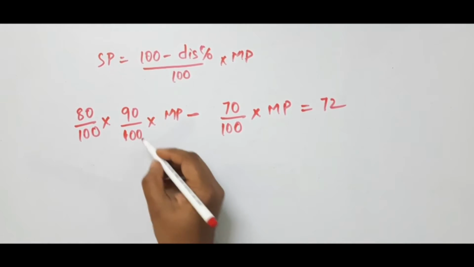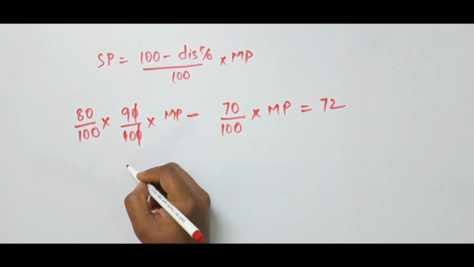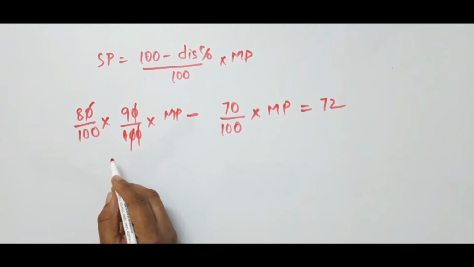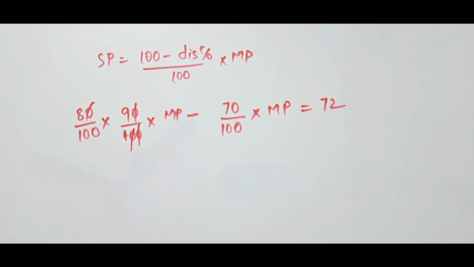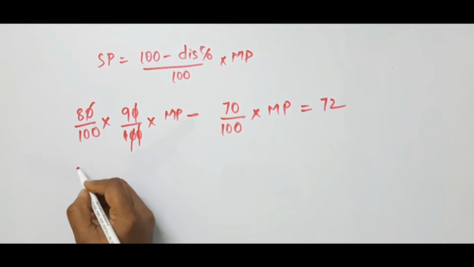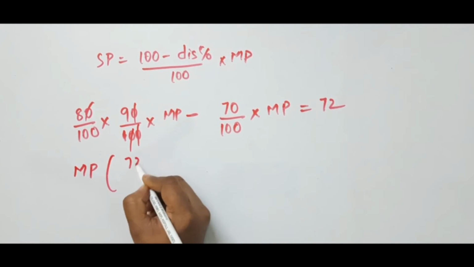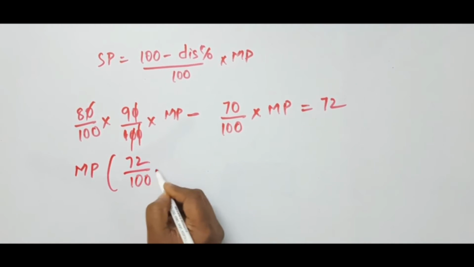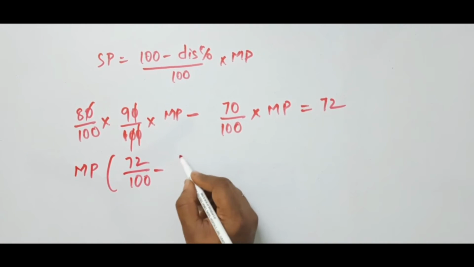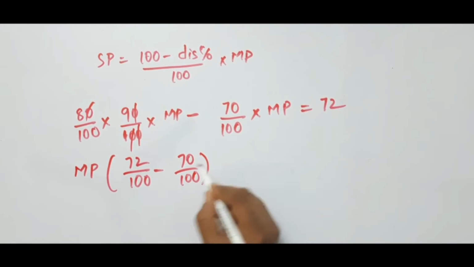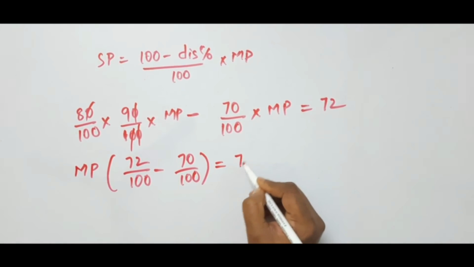So 0, 0 cancels and 0, 0 cancels. The market price is common. Now 8 into 9 is 72 by 100 minus 70 by 100, whole into market price, is equal to 72.